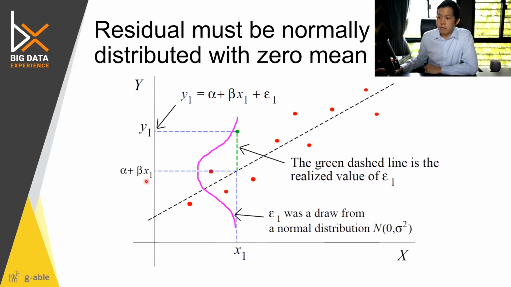The model is explained by alpha plus beta xi, but you can see that the dot itself is not on the line. That means if you want to explain the value of the dot, yi would be alpha plus beta xi, plus epsilon. Epsilon is the green line here. It indicates the errors or the variations that occur when you explain data using lines.